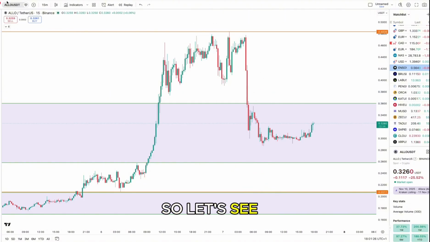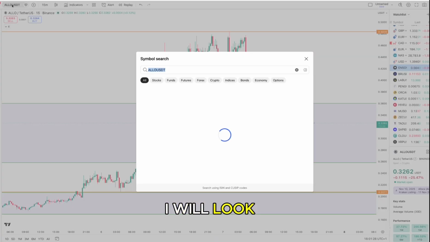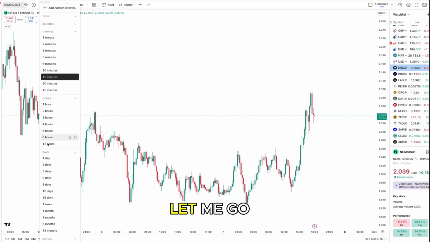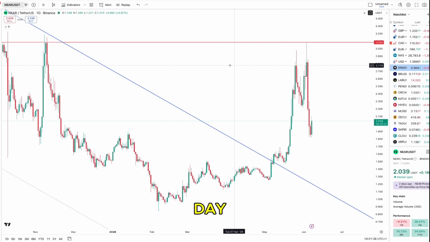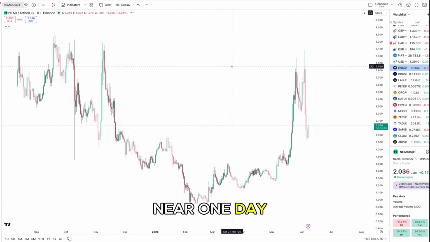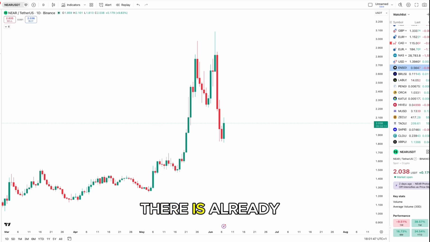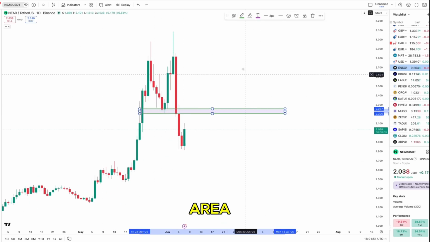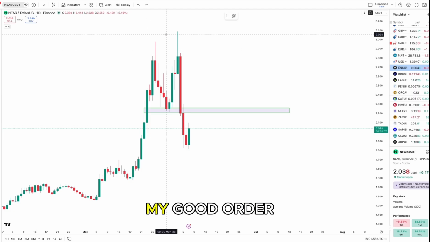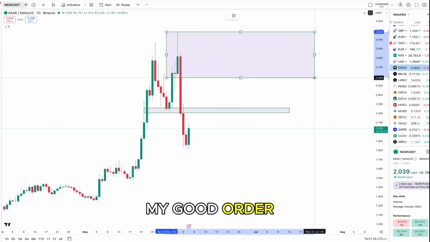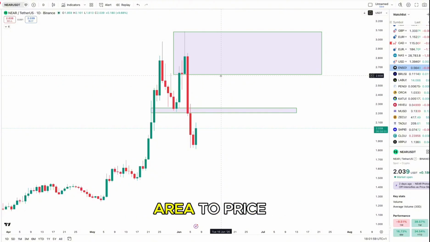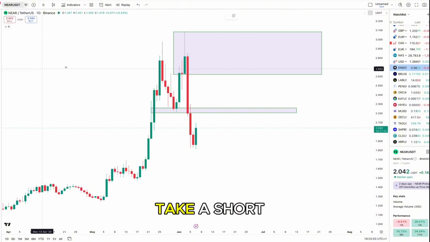So let's see. I will look for NEAR. Let me go to my higher time frame, 1 day. On my NEAR 1 day, there is already a break of structure on this area, and I have my good order block here. So I can trade towards this area for price to meet for me to take a shot.